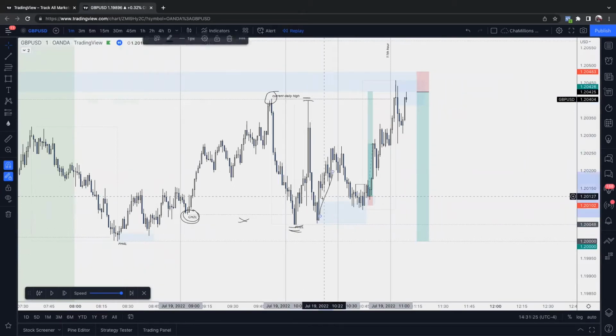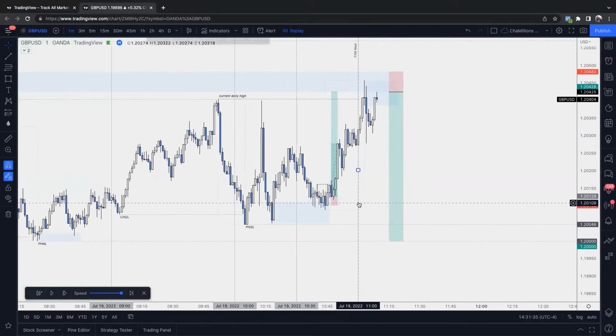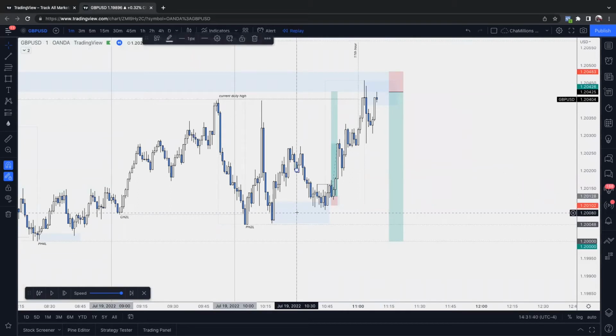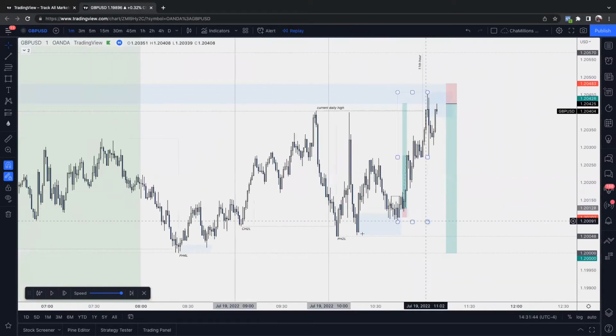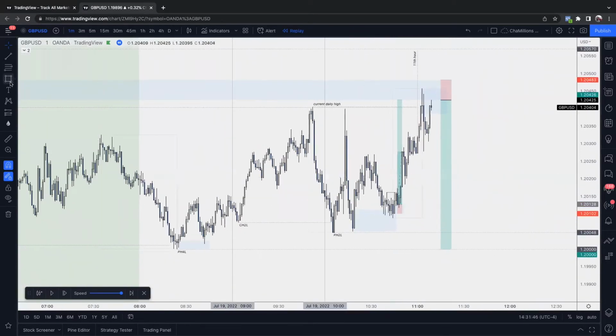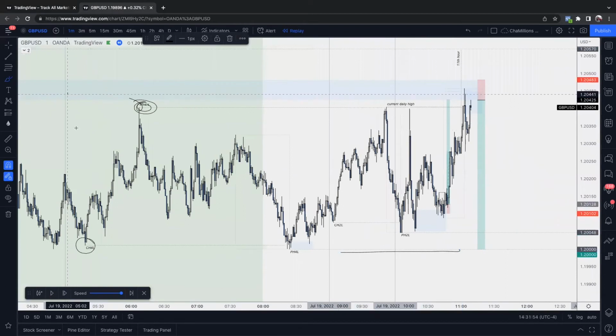So if I erase some of this, just to clear some of this up. So now, as done so, this 2-hour candle closed bullish as anticipated, right? Primarily because of what the algo delivered here.